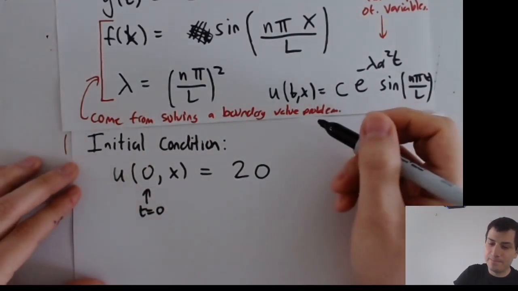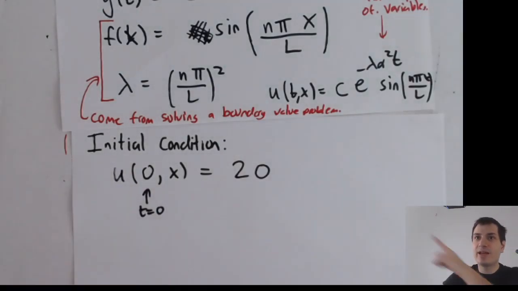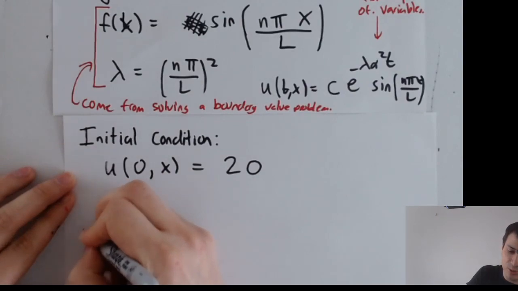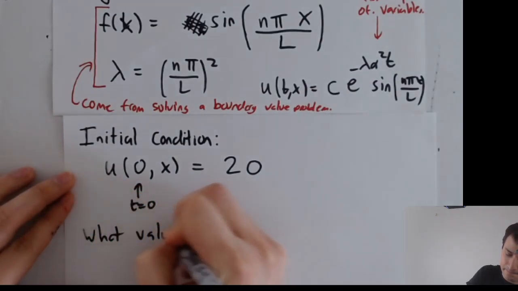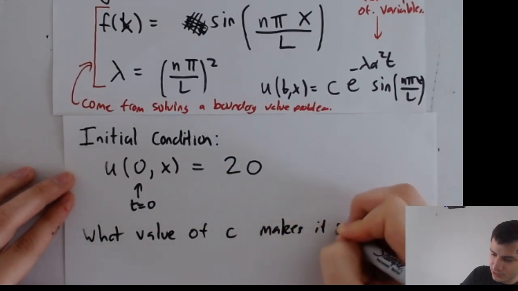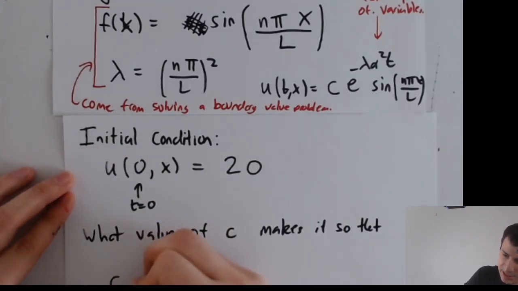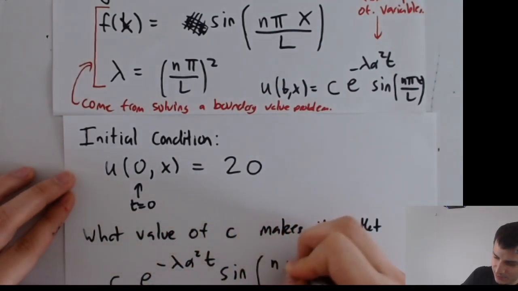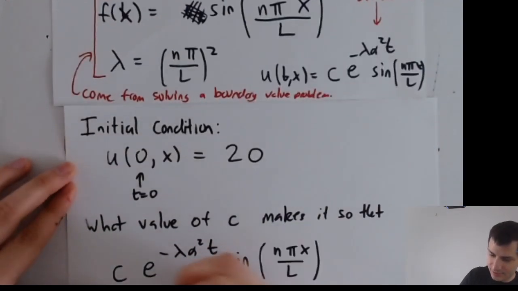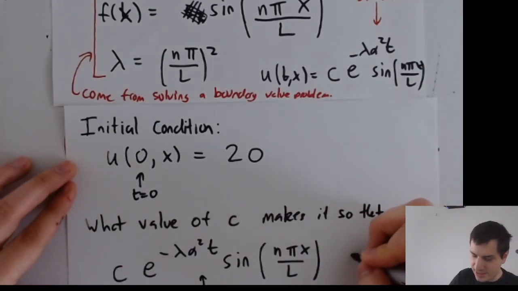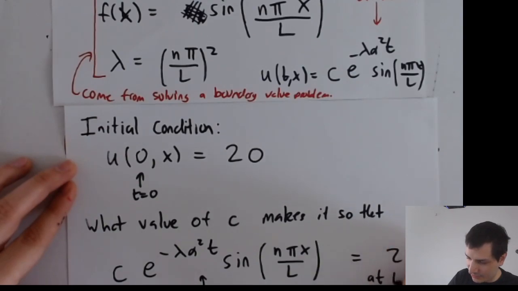So if I was going to solve, like you guys are saying, for initial condition, I have this solution with a c, and so the question would be, what value of c makes it so that c times e to the minus lambda alpha squared t sine of n pi x over L, where here lambda is equal to n pi over L squared, is equal to 20 at t equals 0.